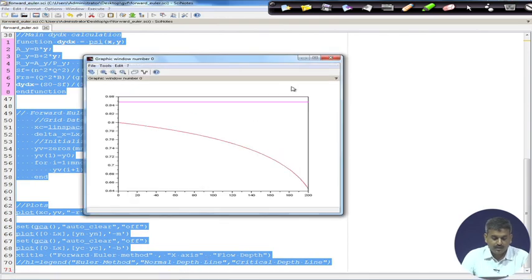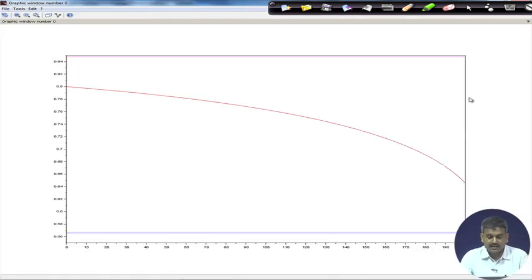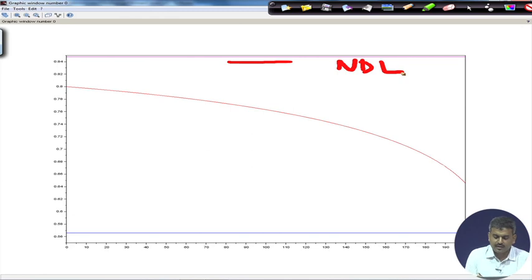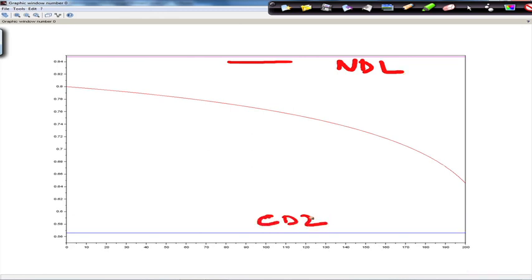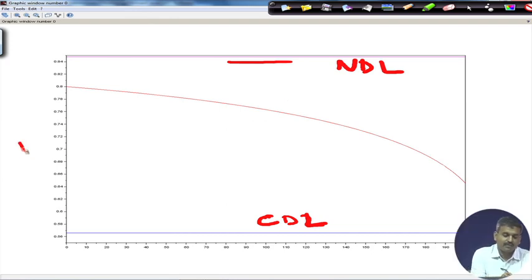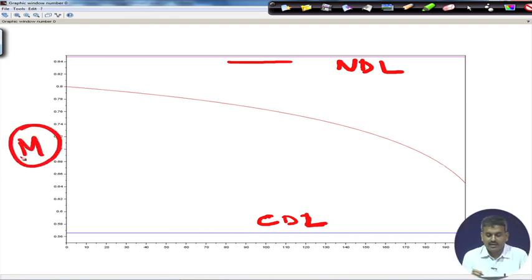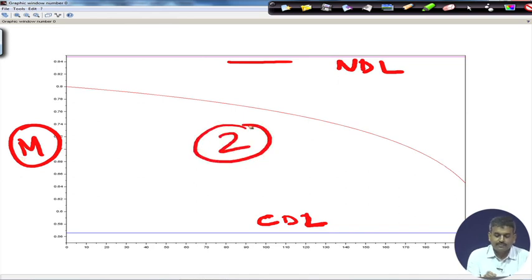Now, let us run this problem. If we run it, we can see the top line is the normal depth line, the bottom line is the critical depth line, and our flow condition is as per mild slope condition, and this is zone number 2 as per our classification.